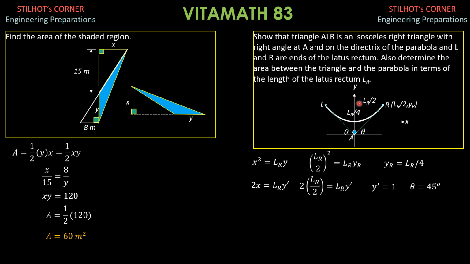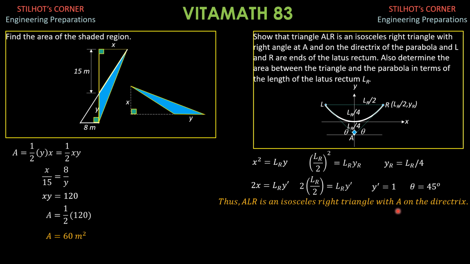So that's LR over 2. This is LR over 4 from vertex to focus. The distance from vertex to directrix is also LR over 4. To make it LR over 2, LR over 2, that makes that angle 45 degrees. So thus ALR is an isosceles right triangle because the vertex angle at A is 90 degrees.